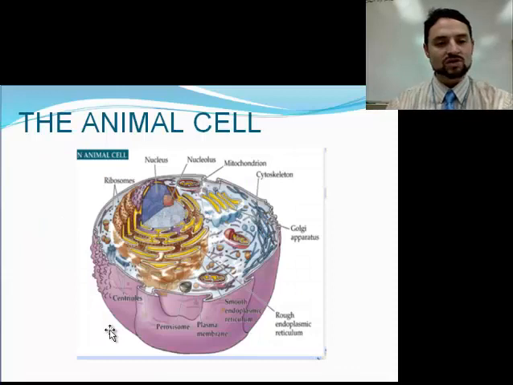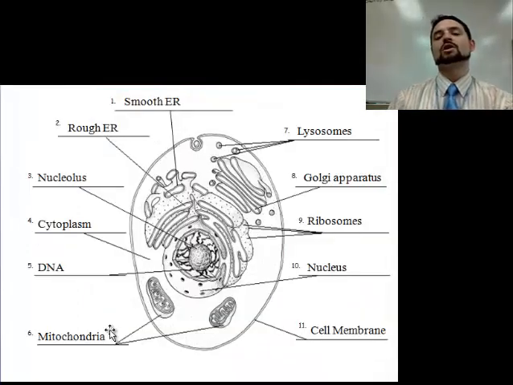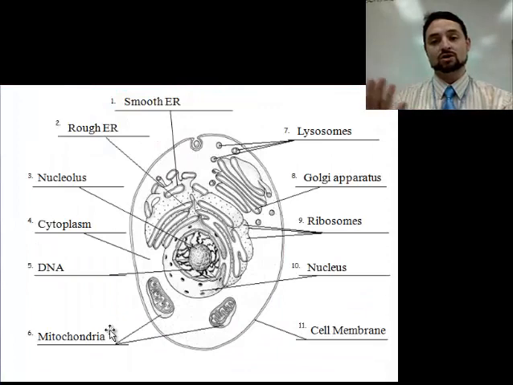Here you have the animal cell. This is a graphic rendition of that animal cell. And you can see all the many pieces and parts, but it's kind of hard to identify everything here. So we're going to go to more of this just standard hand-drawn looking image of the cell. So if we start at the nucleus, we've got the nucleus with the nucleolus, DNA in there surrounded by this nuclear membrane.